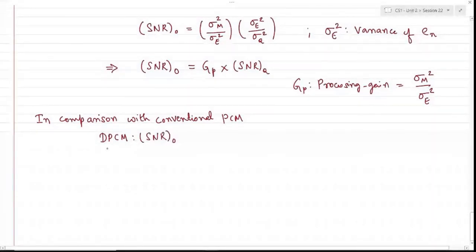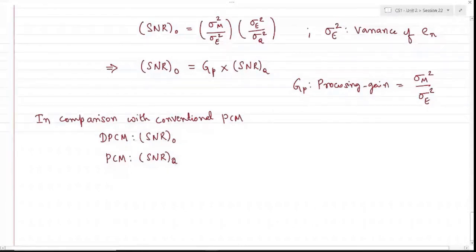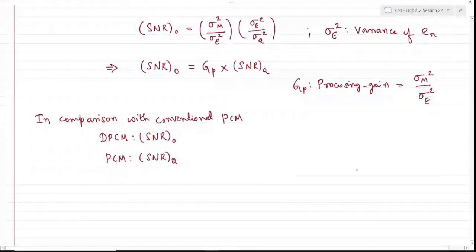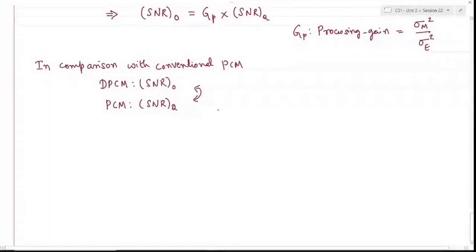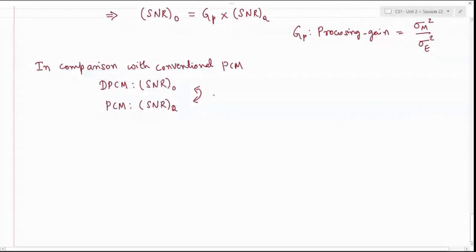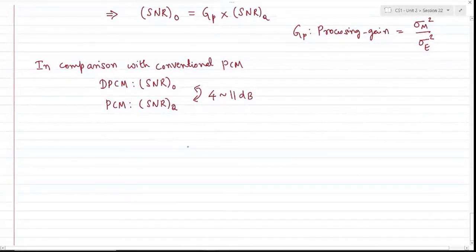The performance of a PCM system is evaluated as SNRQ itself. Obviously, there is a difference in signal to noise ratio. If GP is greater than 1, you'll have a signal to noise ratio higher than that of the regular quantization process. If you compare these two terms with respect to their actual values, it is found to be around 4 to 11 decibels of increased performance that may be obtained using the DPCM system. Okay, this is based on experimental studies.